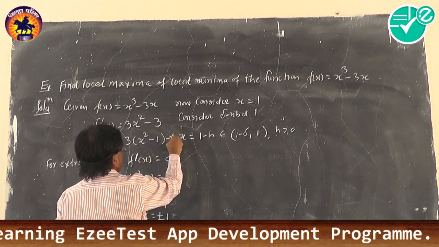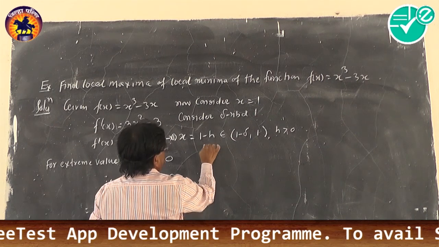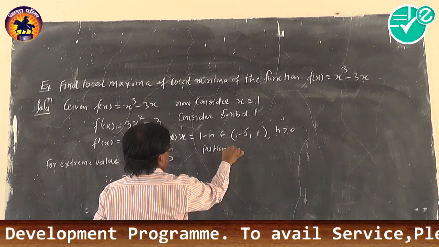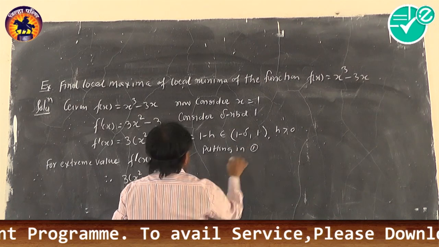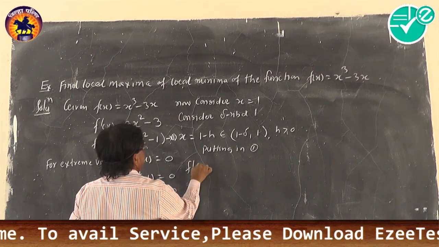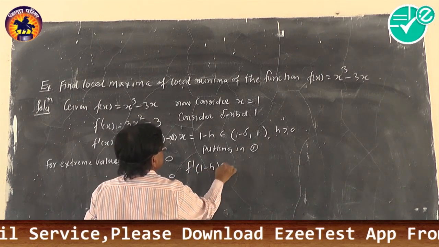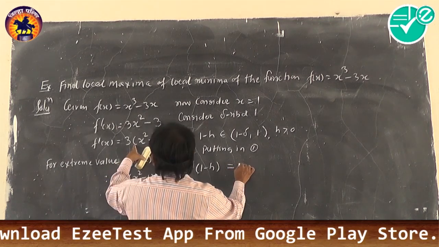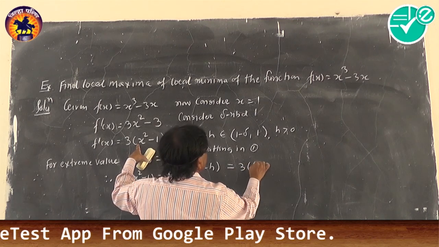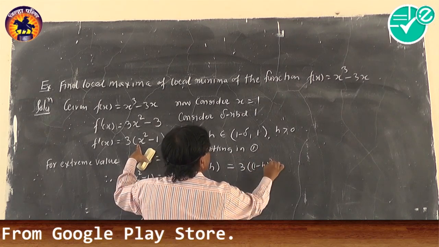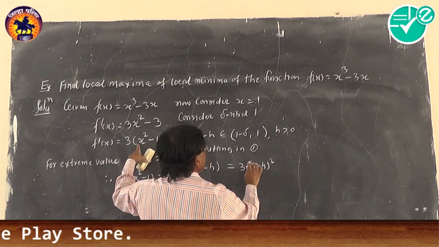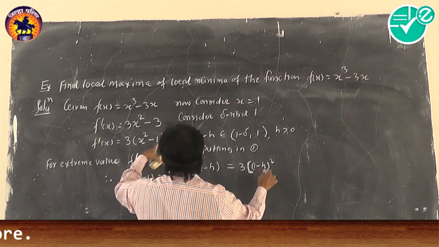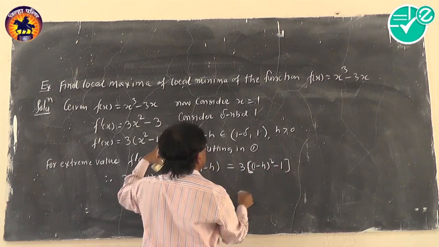Call this equation number 1. Putting x is equal to 1 minus h in 1, therefore f dash of 1 minus h is equal to 3 into (1 minus h) whole square minus 1.